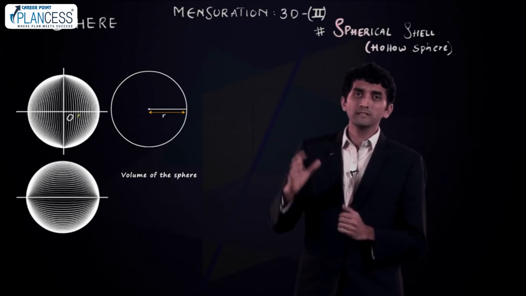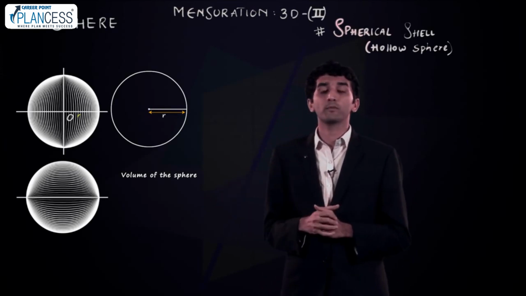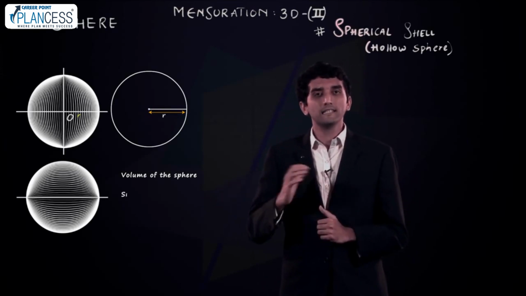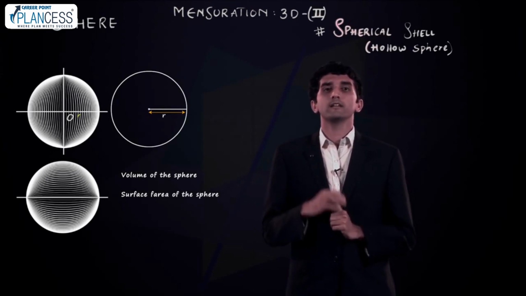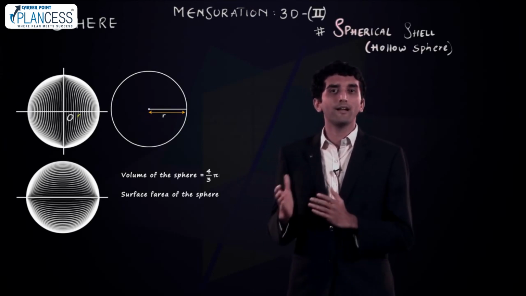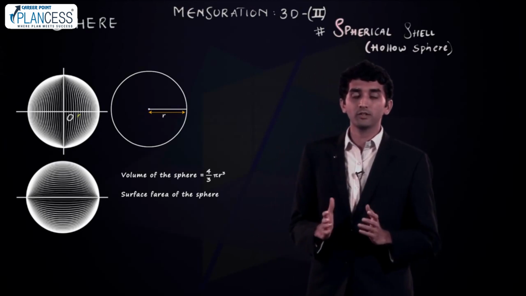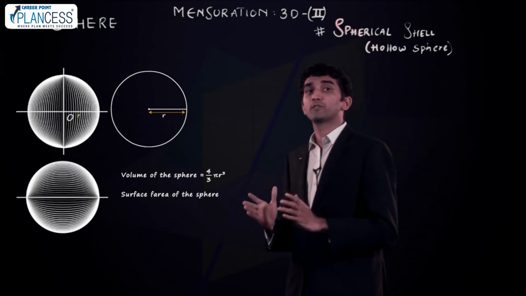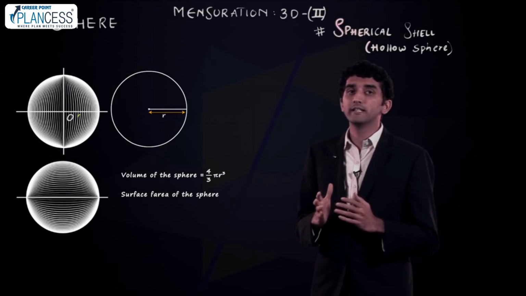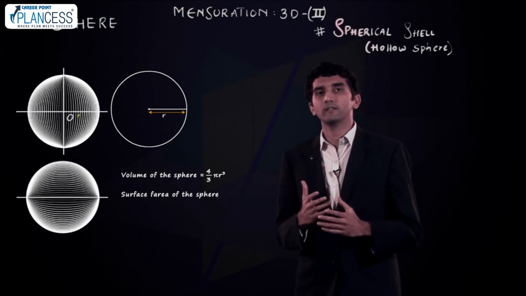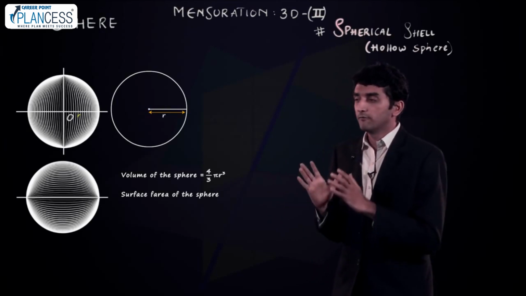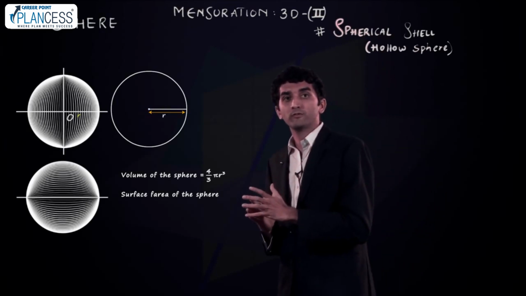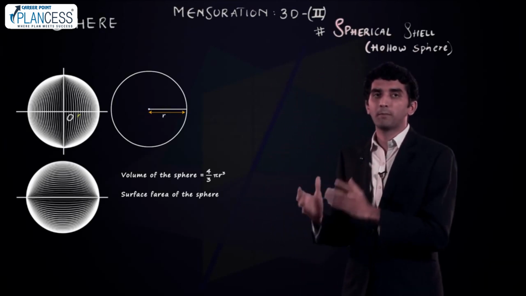So using that r, we will have the formulae of the volume and the surface area of the sphere. So here they go. The volume of the sphere is 4/3 pi r cube. The derivation of this is not in the scope of this book right now, although we would need integration for that, which we might be learning in the further standards. But for now, we should understand that the volume of the sphere is 4/3 pi r cube.